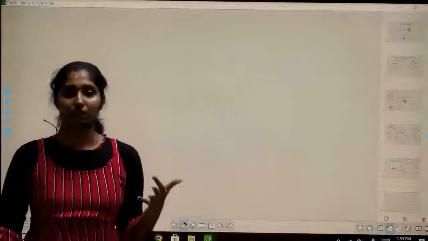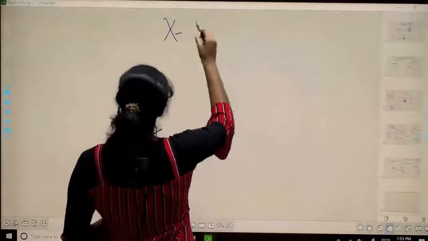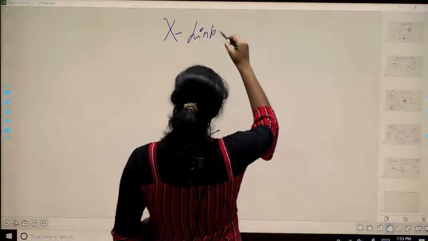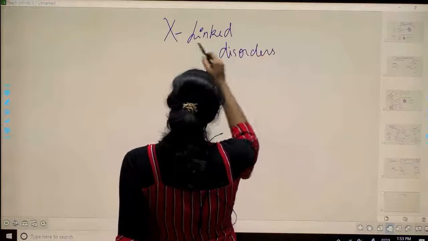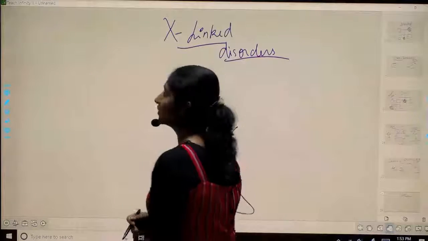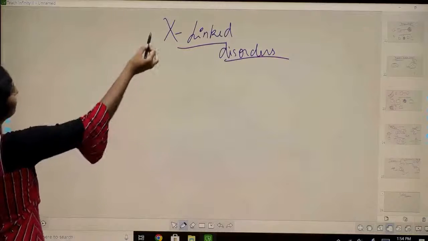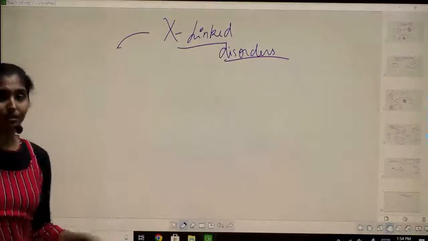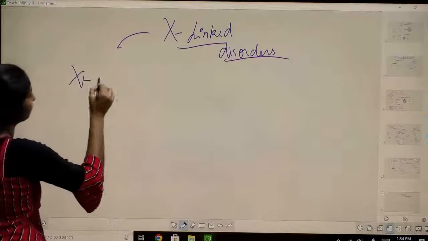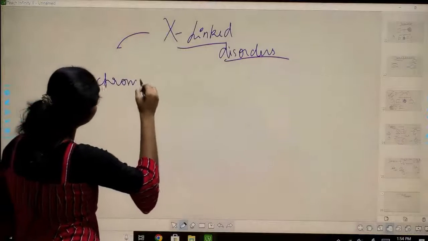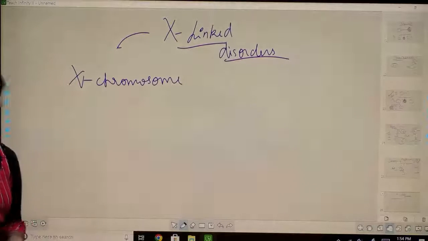Let's move on to X-linked disorders. These are the traits or disorders that are linked with the X chromosome. That's the reason we call them X-linked traits or X-linked disorders.